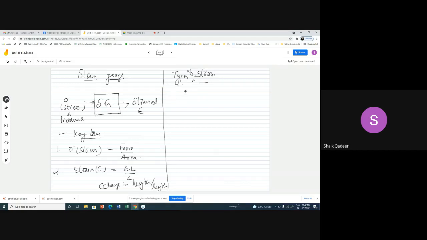In order to explain that, I need to draw a small figure. Suppose this is the length of a wire under stress.